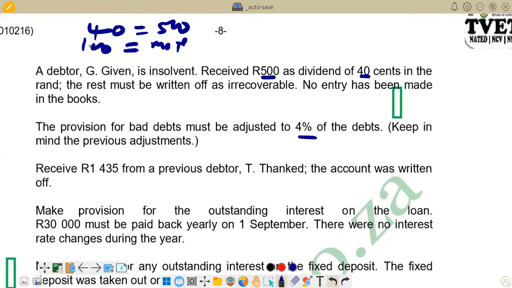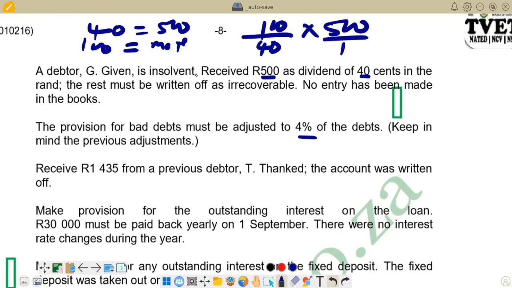So we put this 100 as a numerator. What we don't have becomes our numerator, and what we have becomes our denominator, and we multiply over the given amount, which is 500. So we have 100 over 40 times 500. Let's calculate that: 100 divided by 40, then multiply by 500.